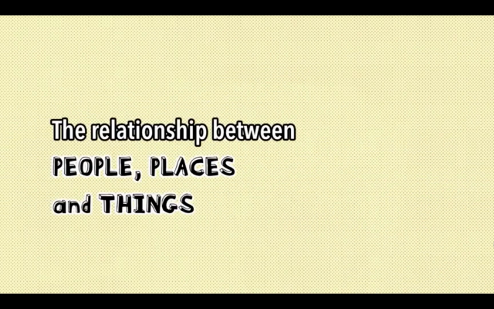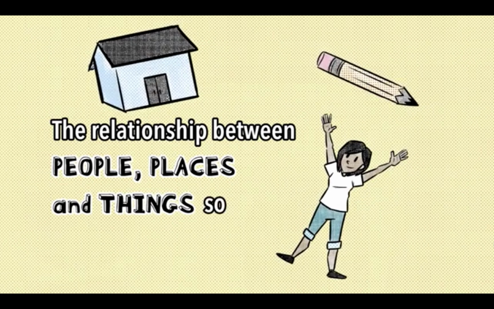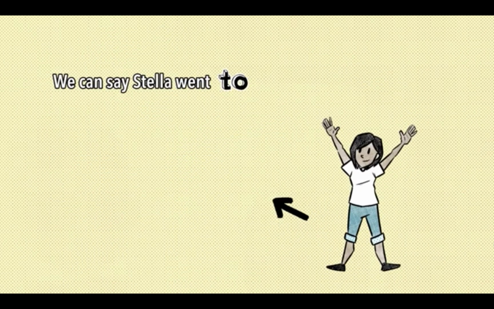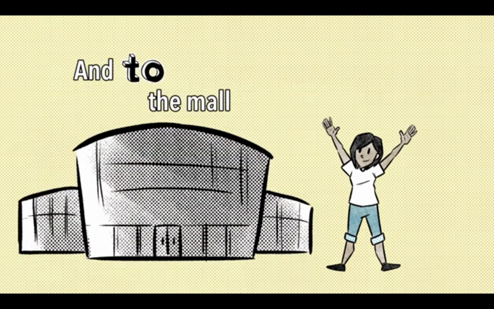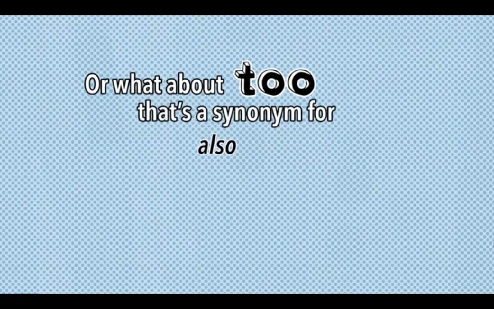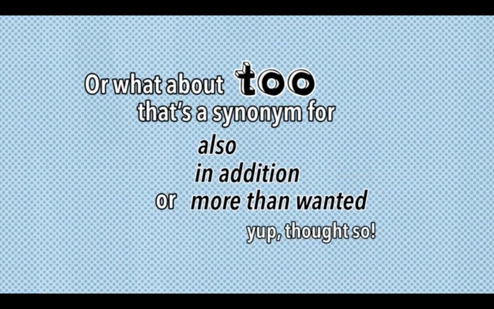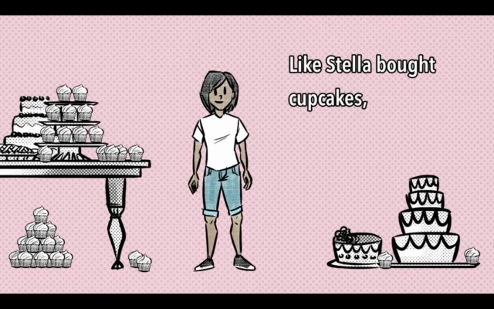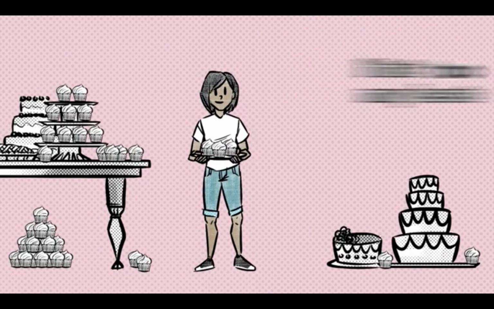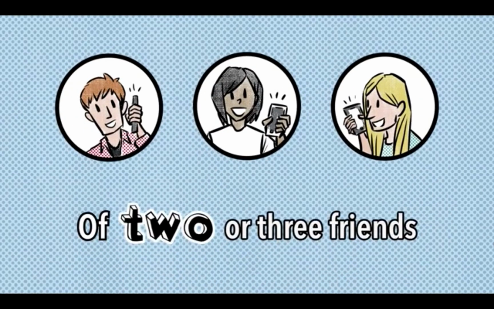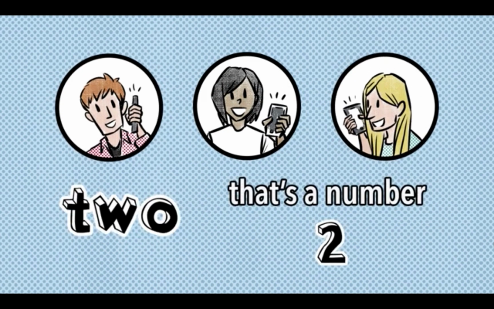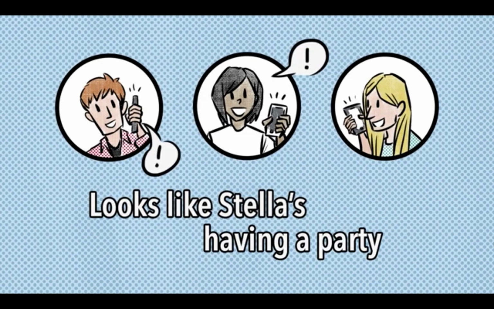It shows the relationship between people, places, and things. So we can say Stella went to the store, and to the mall, and to the seashore. Or what about too? That's a synonym for also, in addition, or more than one. And yup, thought so. Like Stella bought cupcakes too. If that's too many desserts, she can call up her crew of 2 or 3 friends. That's a number, y'all see. Looks like Stella's having a party.